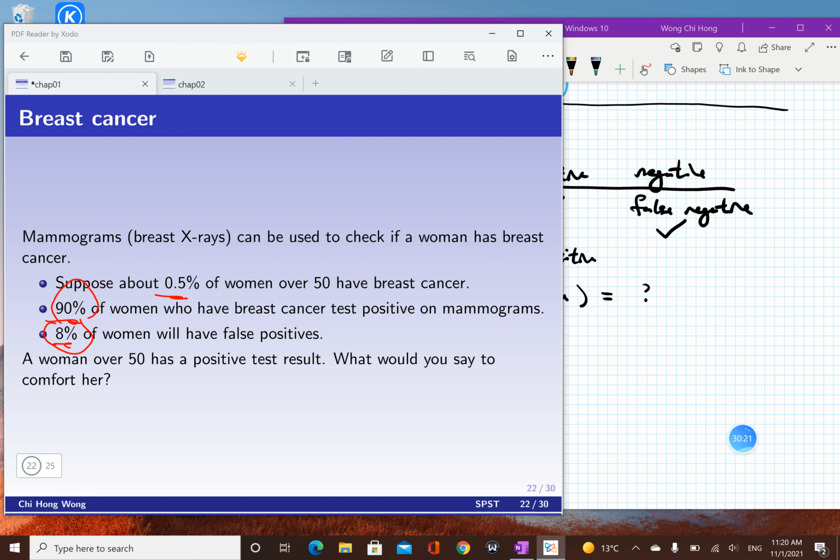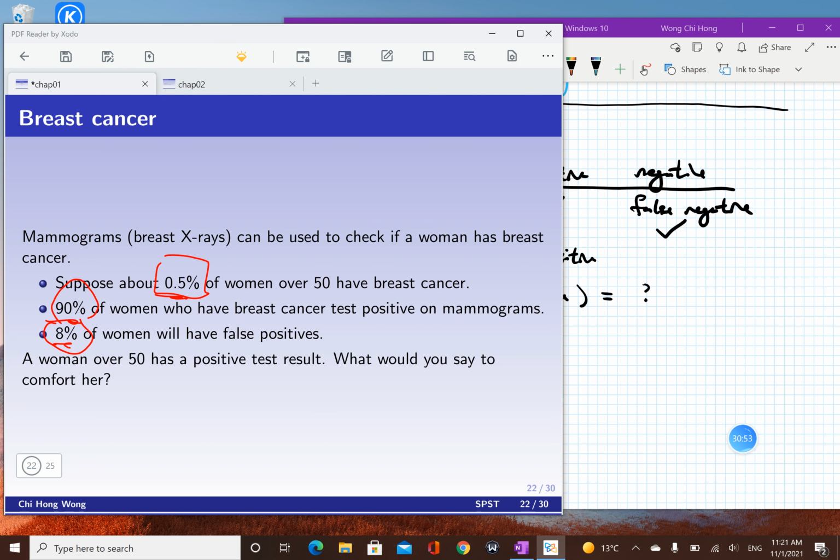Suppose that this disease, I don't know the figure for COVID-19, of course it depends on the country and differs from time to time, suppose only a small proportion of the population would get the disease. Again, 0.5% is not necessarily a small proportion, but let us assume that we have this number.